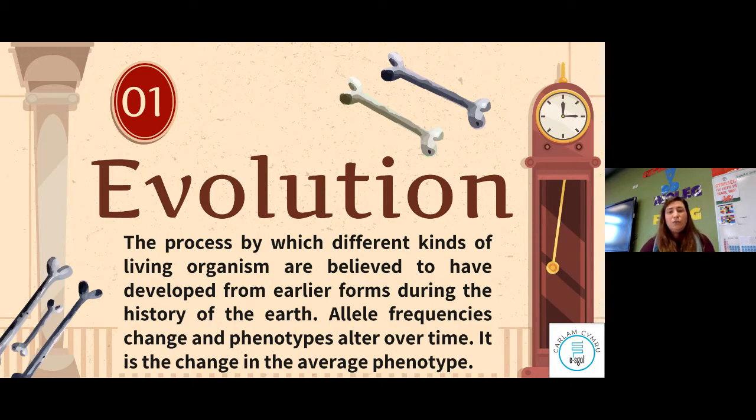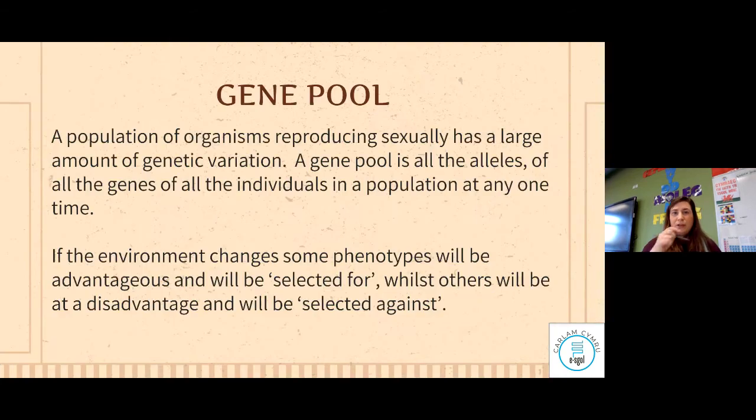Each organism contains just one of the many possible sets of alleles that can be formed from the gene pool. So quickly to recap, the gene pool, a population of organisms reproducing sexually, has a large amount of genetic variation. A gene pool is all of the alleles of all of the genes of all of the individuals in the population at any one time.